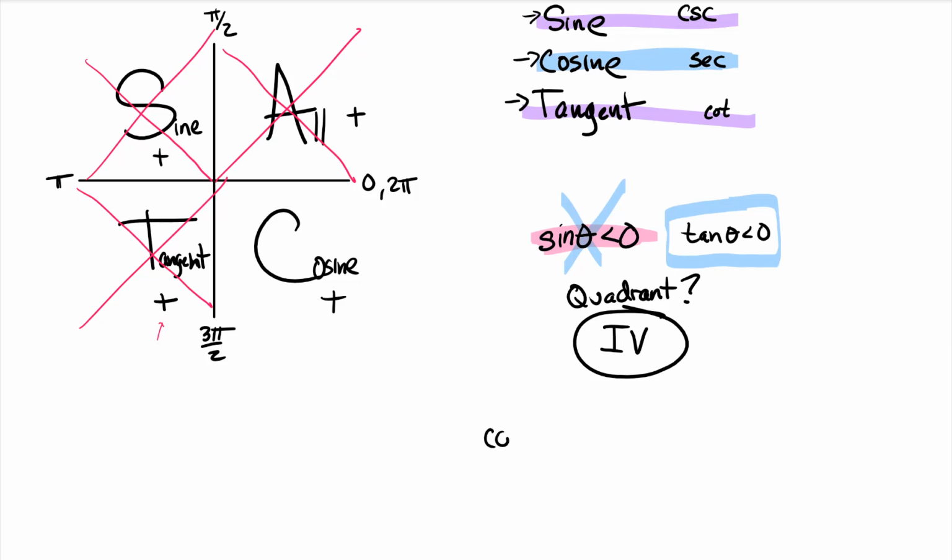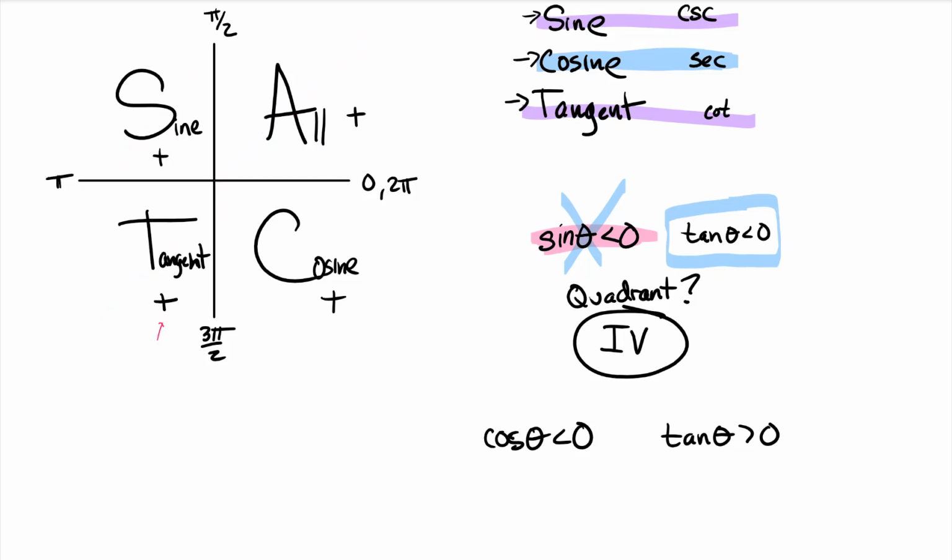How about this? Cosine is less than 0. Tangent is greater than 0. Could you play this game? Could you figure out what quadrant you're in? Because that's never going to stop happening. We're going to have this game throughout the whole course. So not getting good with it now is not the best idea. It's an acronym, ASTC.